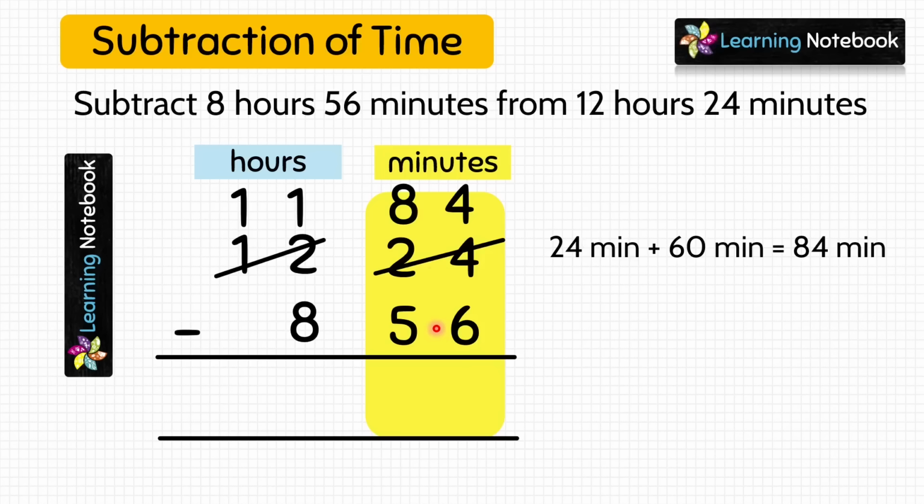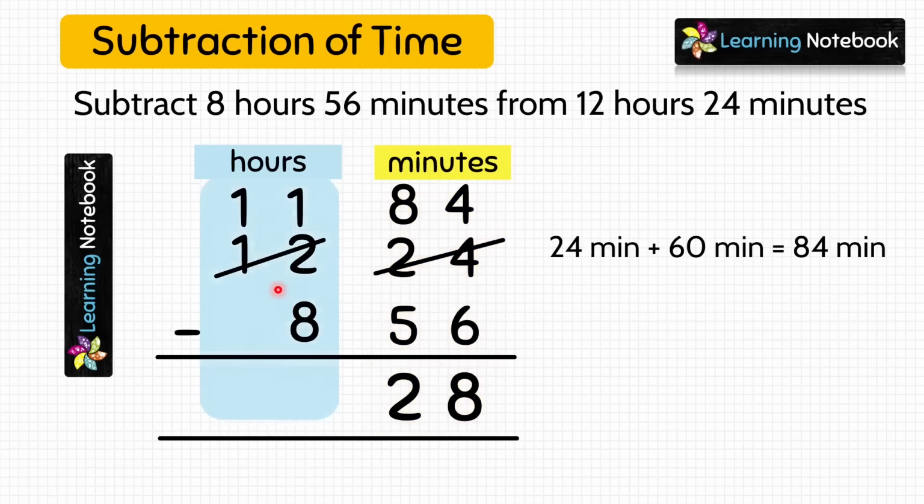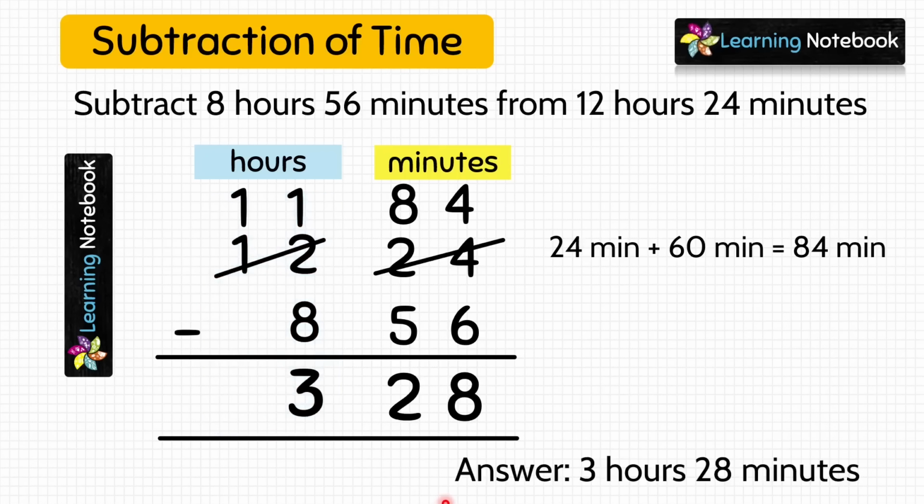So we can easily subtract them. 84 minus 56 equals 28. In this way, we have subtracted the minutes column. Now let's subtract the hours column. 11 minus 8 equals 3. So the answer is 3 hours 28 minutes.